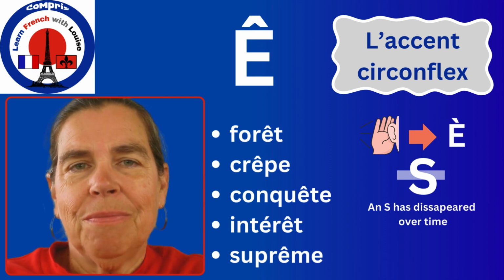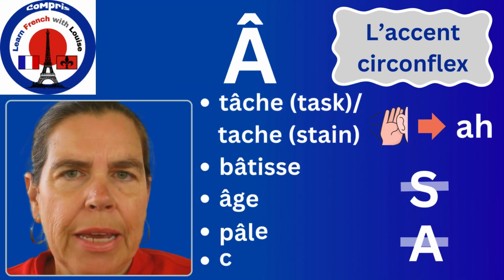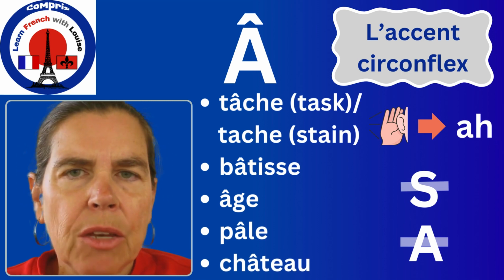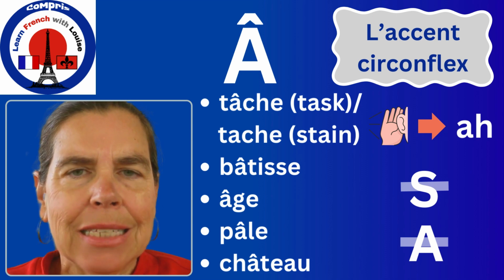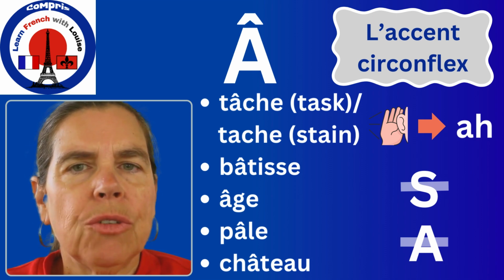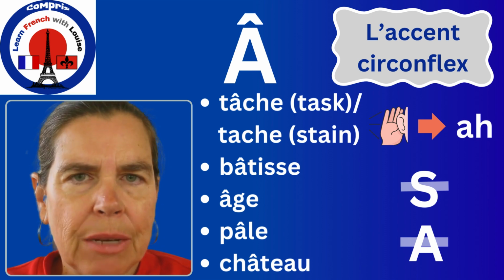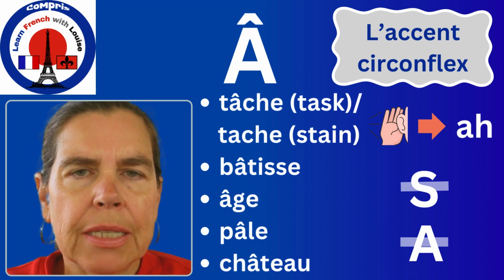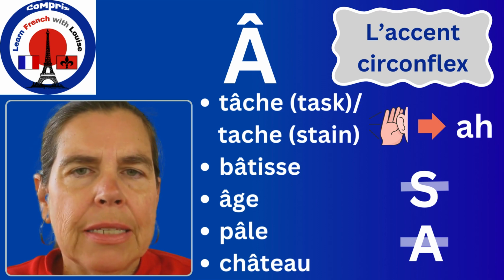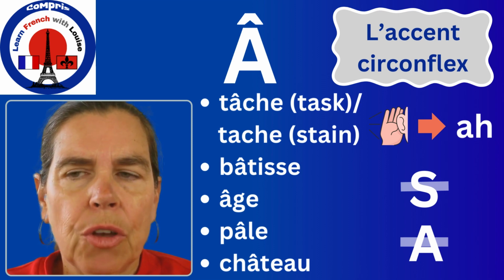L'accent circonflexe on an A changes the sound of the A from a sharper sound to a softer sound. So an A normally has an A sound, and then the accent circonflexe softens it to an A sound. If we look at my first example, the word is T-A-C-H-E, which has two meanings, depending on whether you have an accent circonflexe on it or not.